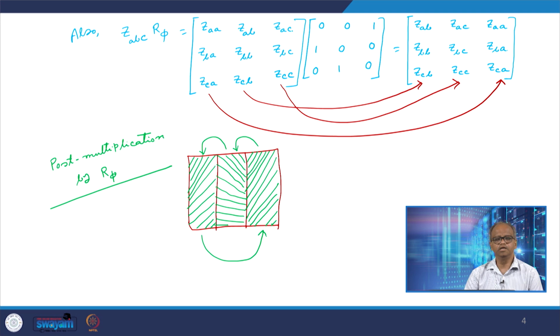Now we have already seen the other three cases. So just to summarize, let us also write all these cases again in the next slide, so that from henceforth we would be able to refer to this. So this case is, let us say, post multiplication by R phi. Let us say that this is case 1.